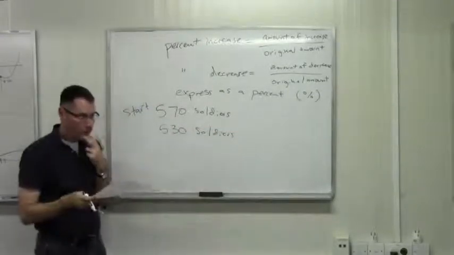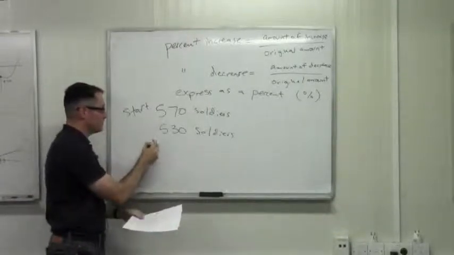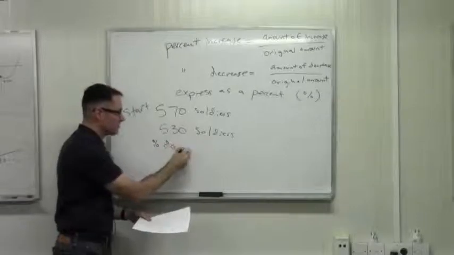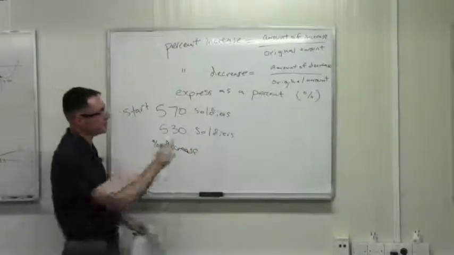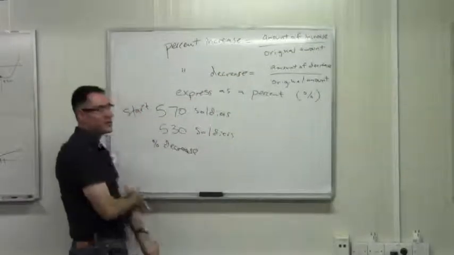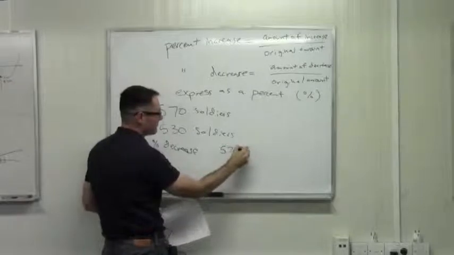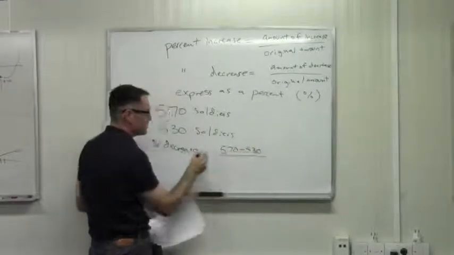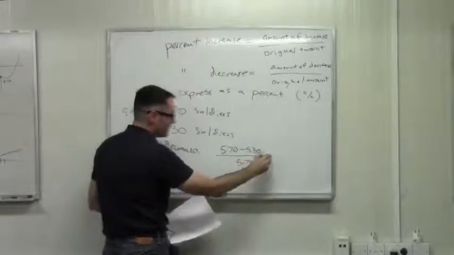Okay? Do we have a percent increase or decrease? Percent decrease. Okay, we know that right off the bat. And how much is it? Well, we look at the amount of the decrease. In this case, it's 570 minus 530, because that's the amount of the decrease, divided by the original amount, 570.